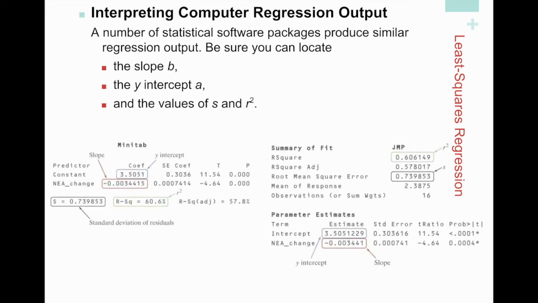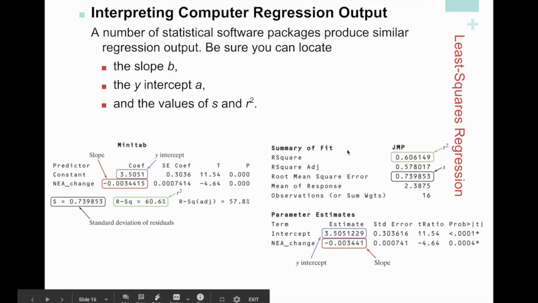Okay, so here is Minitab output. And there's also JMP output. The most common is usually the Minitab output. On the Minitab output, you're going to see these two variables, the predictor and the constant.